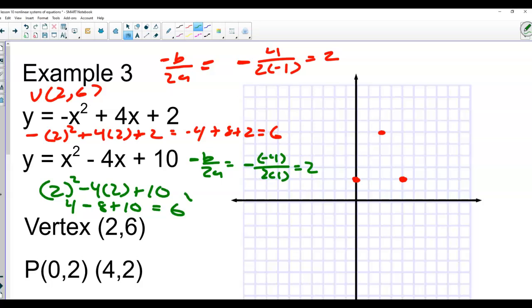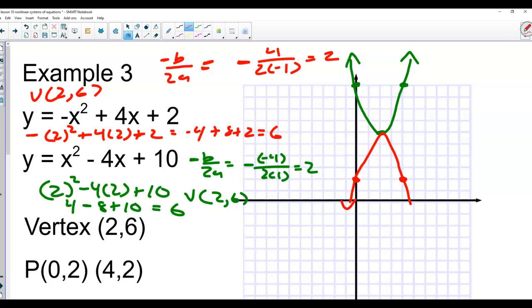So my vertex for this one is also 2, 6. If I plug 0 in for x, I get 10, over 2, over another 2. So there's my one parabola.